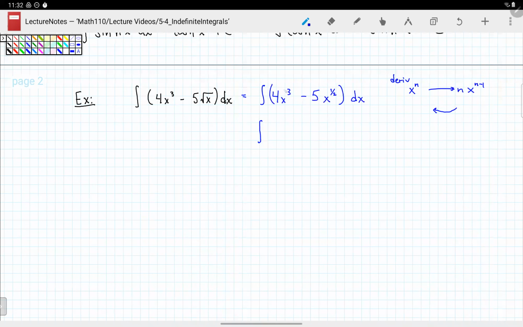So I know that if I got an x to the third power through differentiation, I must have started with an x to the fourth power. And you can kind of just figure out what the constant has to be. If I take the derivative of x to the fourth, it's 4 times x to the third. Oh, that is exactly what is here. And an x to the 1/2 power must have come from an x to the 3/2 power.